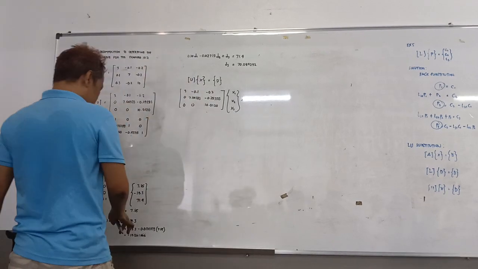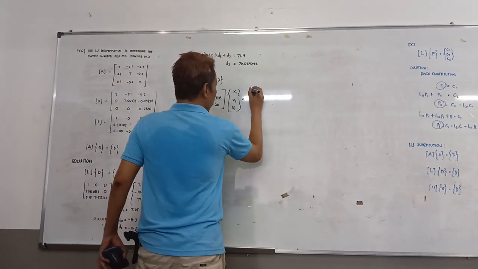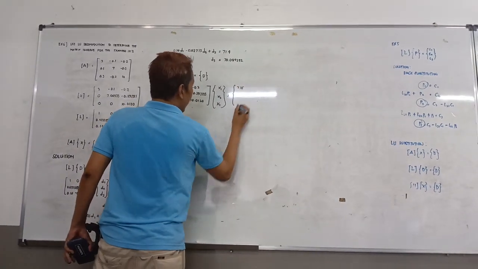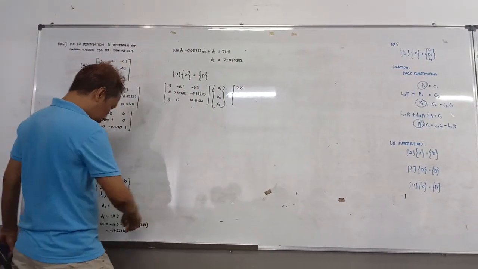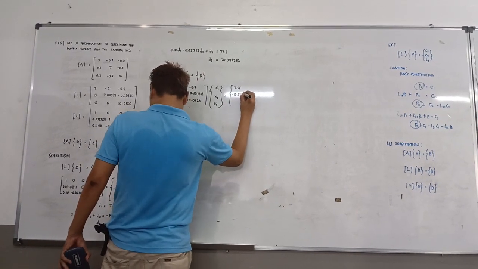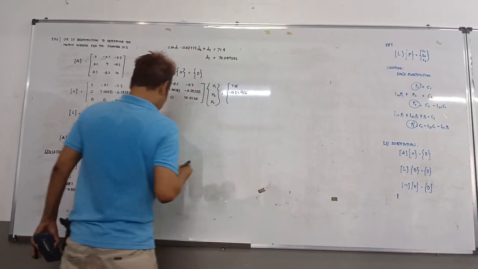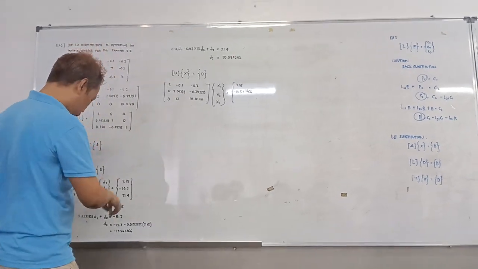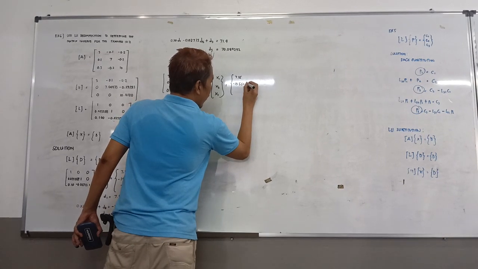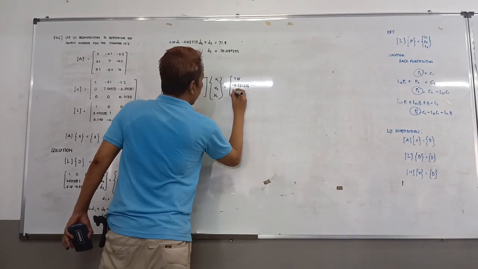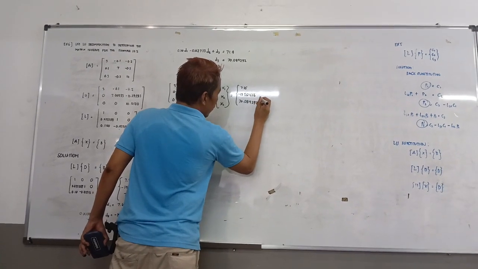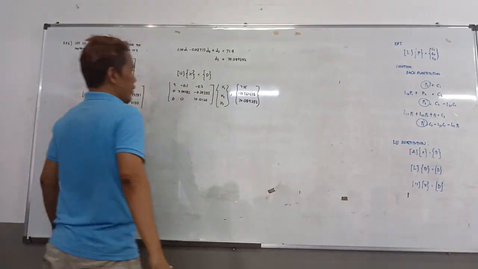And we have the values for D: D1 is 7.85, D2 is negative 19.561666, and D3 is 70.084292. So these are the values.